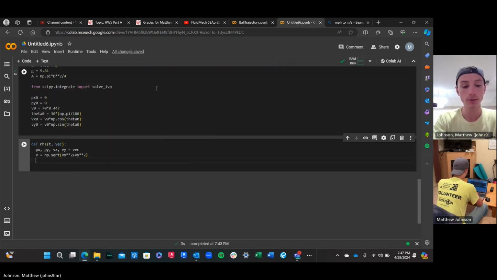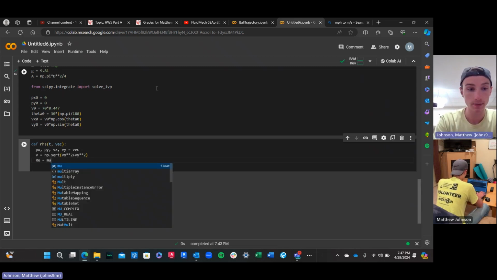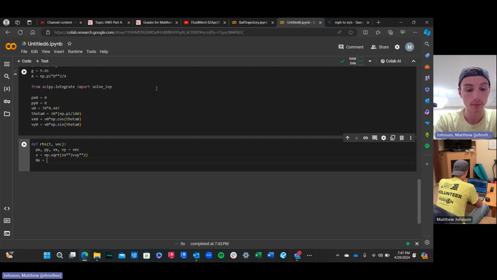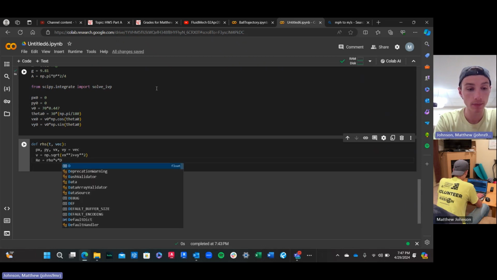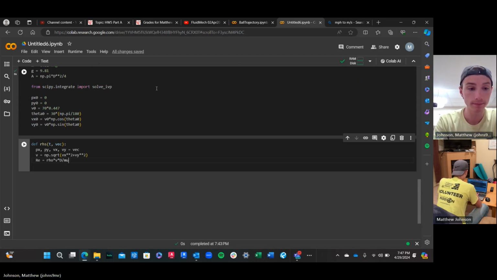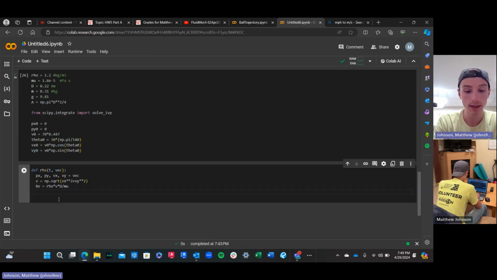Okay, the next things we'll have to define are Reynolds number, which is simply, as we've discussed before, rho times V times D over mu. And next we'll want the drag force on the ball. The drag force obviously is related to the drag coefficient, which is a function of Re.